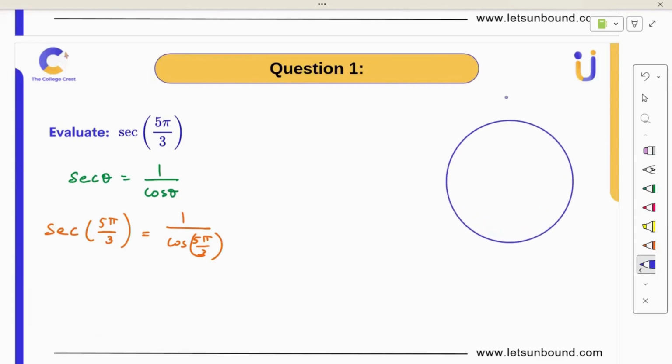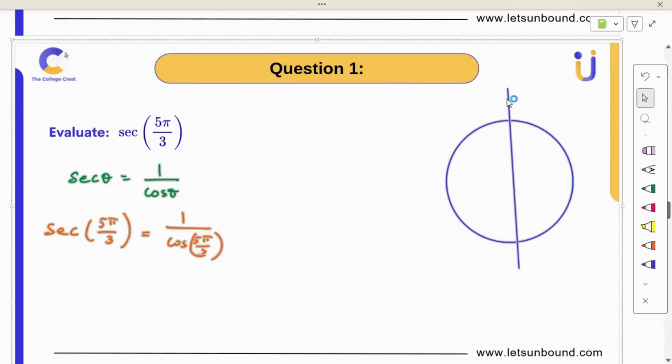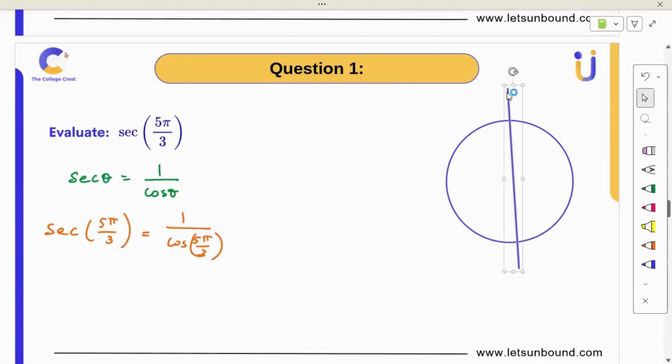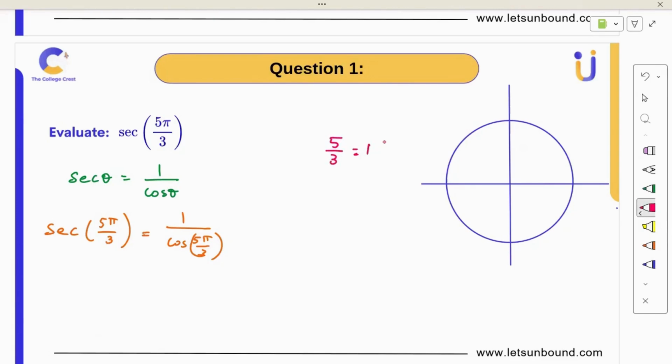So here we go. Draw the unit circle and the quadrants. 5 pi by 3, you just, 5 by 3 is what? 1, 2 by 3.